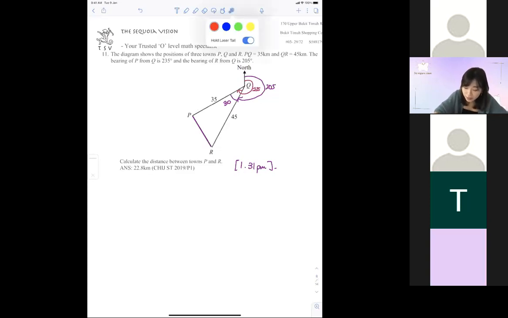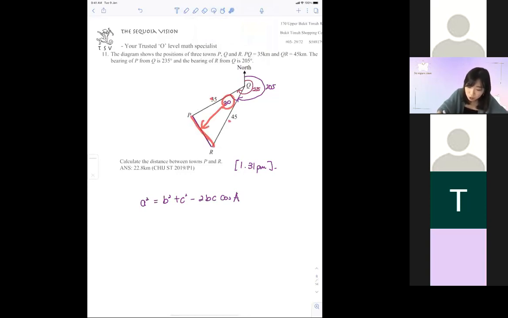Okay, so this is the angle that you have. Opposite is your length A. Remember the cosine rule, A square equals B square plus C square minus 2BC cosine A. So this is the angle that you have. Opposite is your length A. Doesn't matter which is B or C. So you have your B square plus C square minus 2BC cosine A. Everything just key in the calculator, you will get it already.